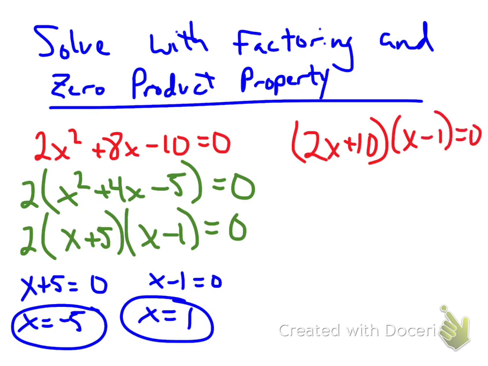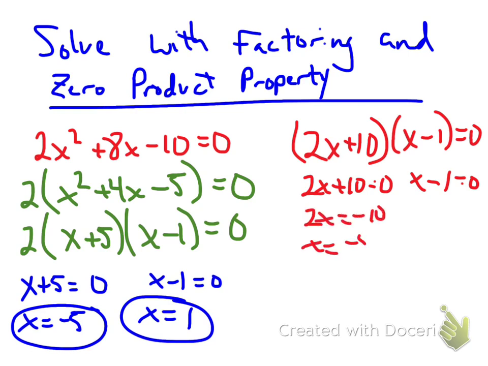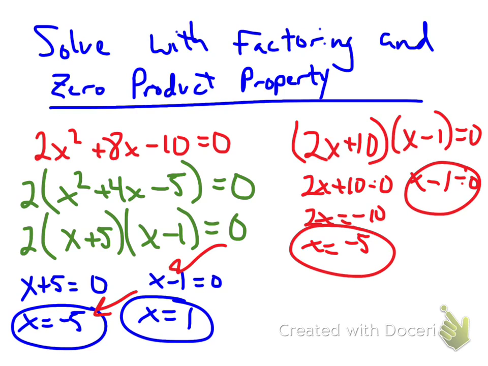And if you solve this one, 2x plus 10 and x minus 1, both of those equaling 0. When I solve the first one, I get 2x equals negative 10, and when I divide, I get x equals negative 5, which is the same answer as that. This one is the same as that one, so I get my answer of negative 1, or a positive 1 rather. So no matter what, I get x equals negative 5 and x equals positive 1.